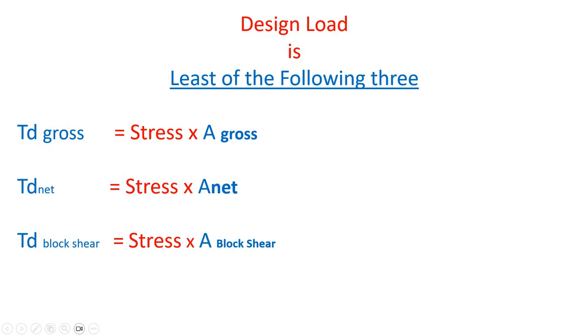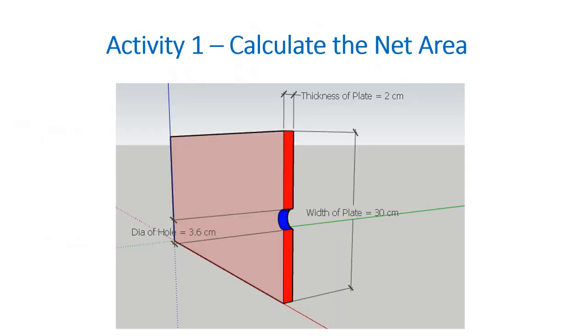So that is what we will decide. 35 MPa is the stress, and you can multiply it with the area of the block shear and obtain the design load. Definitely, because it will fail at 35 MPa, and above 35 MPa, even if you try, it will not take any load. So the point is, the least of these three is the design load.